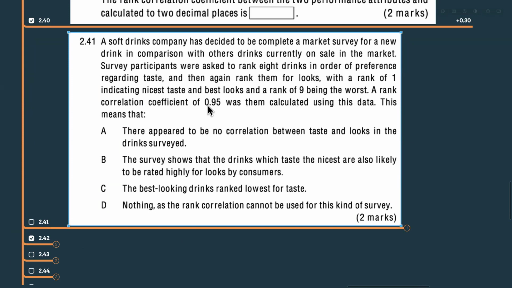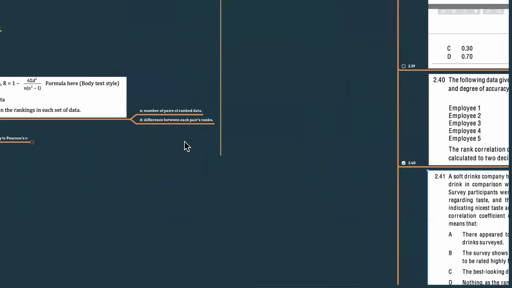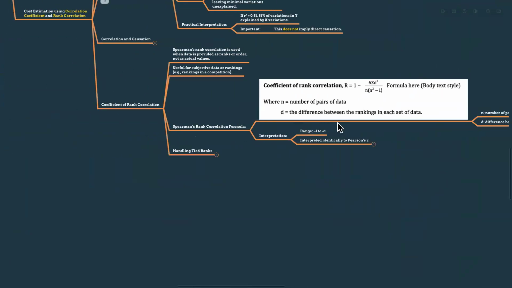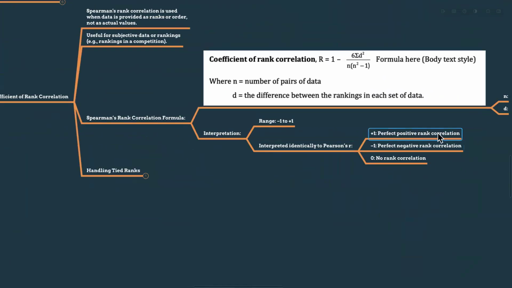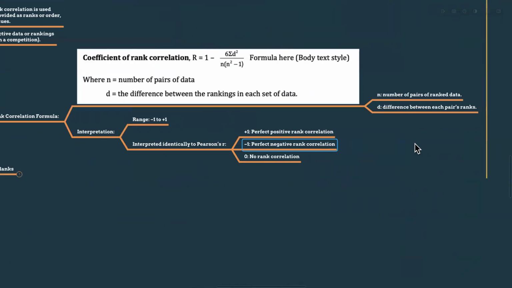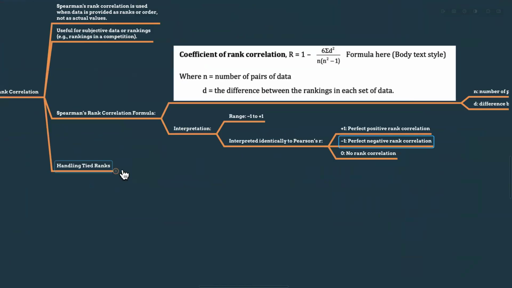What does it mean? So why are we calculating the rank correlation coefficient? Here see, interpreted identically to Pearson, perfect positive correlation, negative correlations. So if it is high, data is provided as rank on order, useful for subjective data rankings.